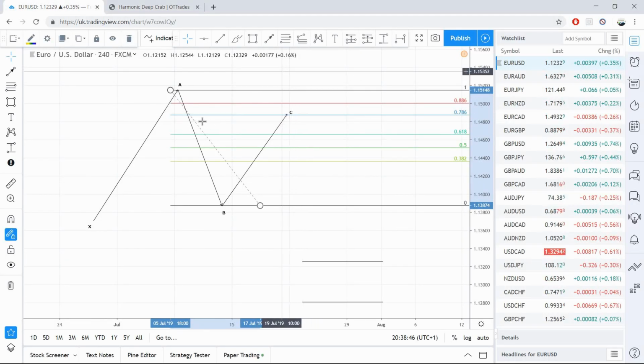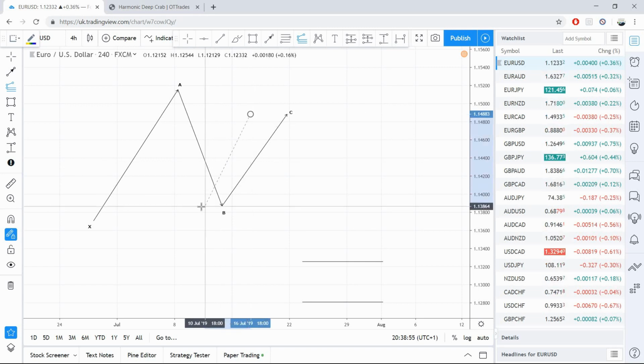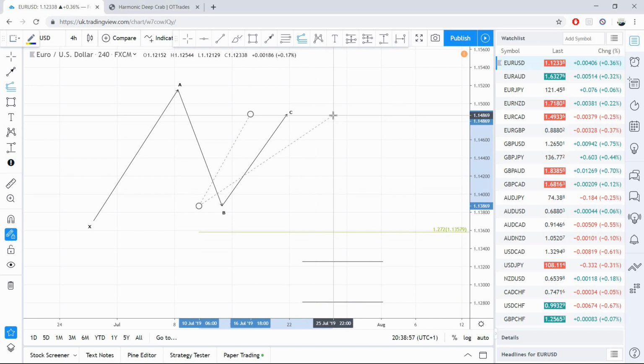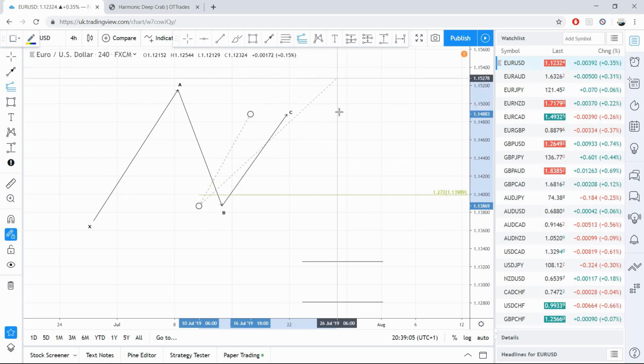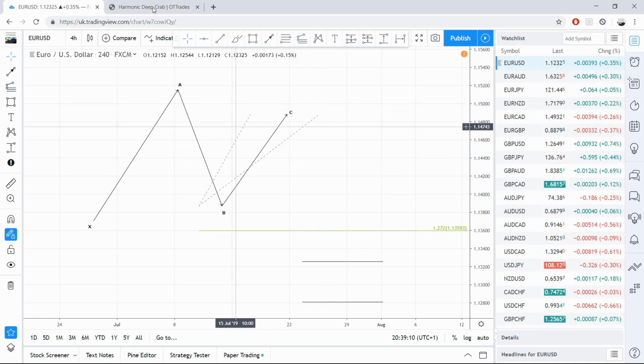Obviously, this is going to vary, because if I just give you an example using the extension tool, from the precise 786, remember that ours was a little bit higher. Sorry, mouse got stuck there. And there.